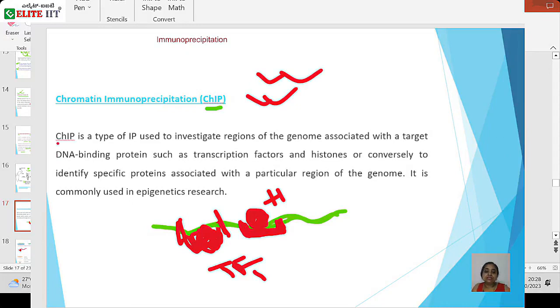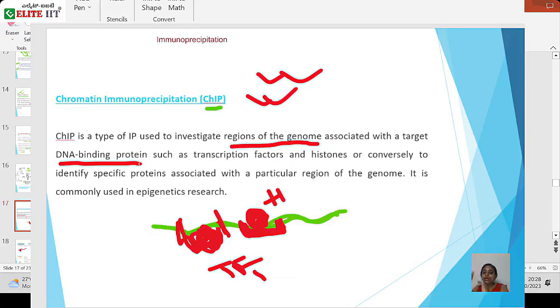So just read. CHIP is a type of immunoprecipitation used to investigate regions of the genome associated with a target DNA binding protein. Is it clear? Everywhere, proteins are not binding with the DNA, right? There should be a specific region.